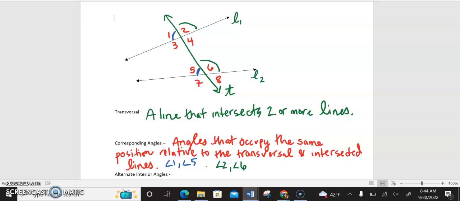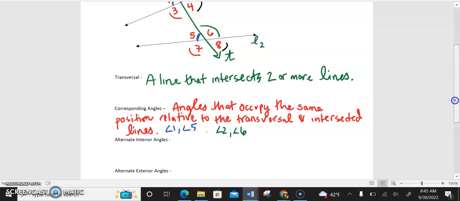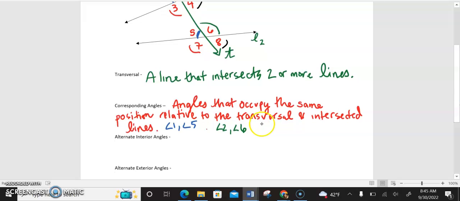Angles 3 and 7 are below to the left, so they're below the line. And then finally, angles 4 and 8. So those are our 4 sets of corresponding angles.